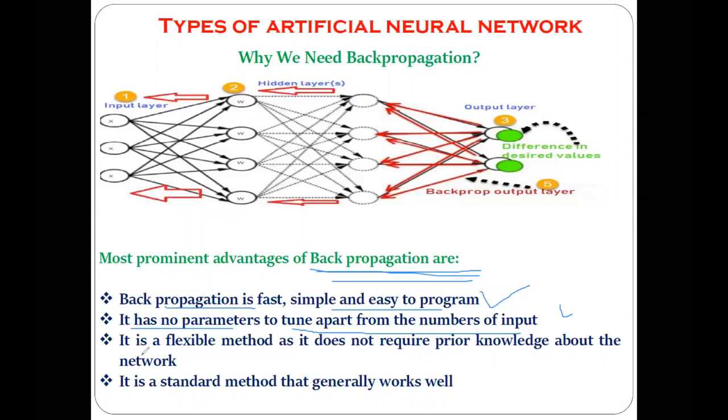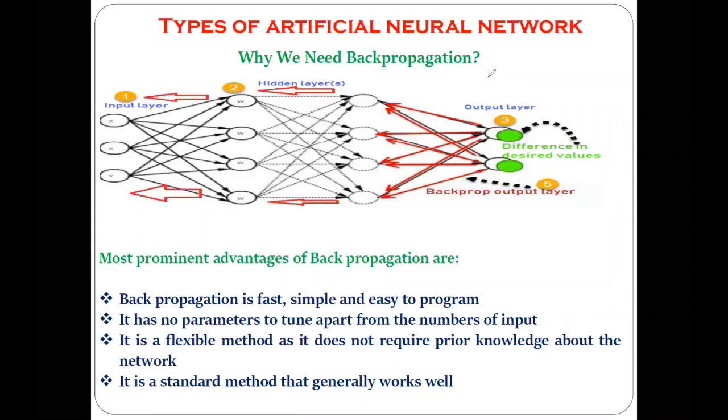It is a flexible method and it does not require prior knowledge about the network. So the network has to provide everything to the back propagation function that we are going to utilize, and only on that it does the calculation. That's why it is referred to as the standard method, which generally works well to generate the desired output by comparing the actual output with the desired output every time. Understood?